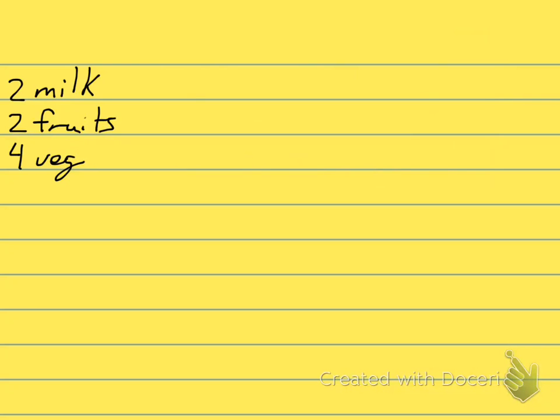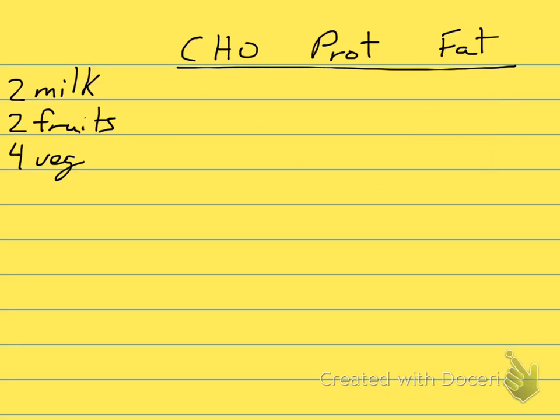Okay? So we are going to use the knowledge we have of the exchange system to determine how many grams of carbohydrate, protein, and fat is provided by each of these exchanges, first of all. So let me just do this real quick.